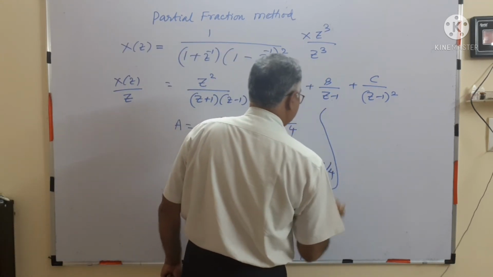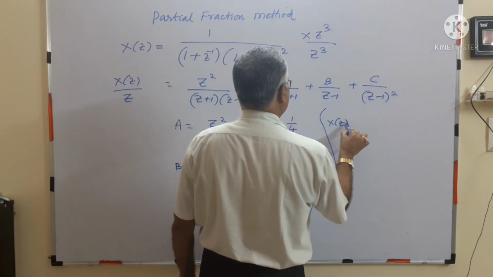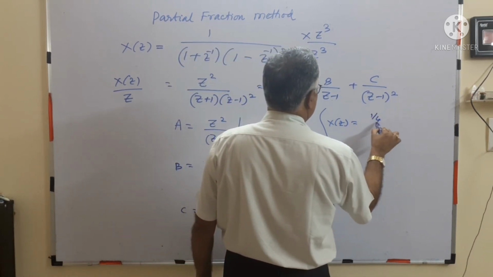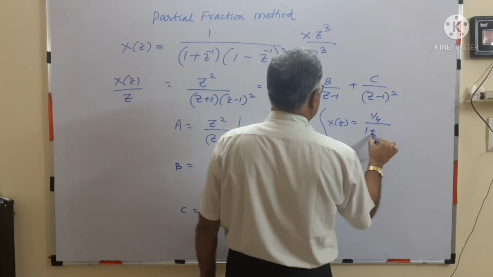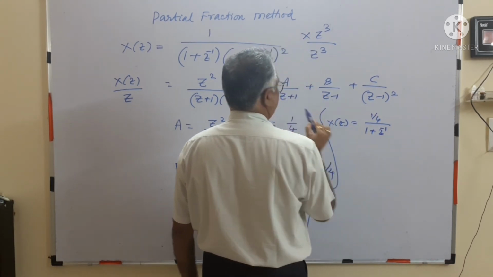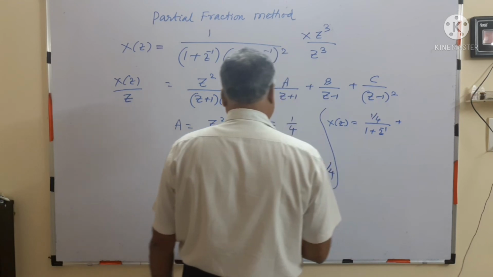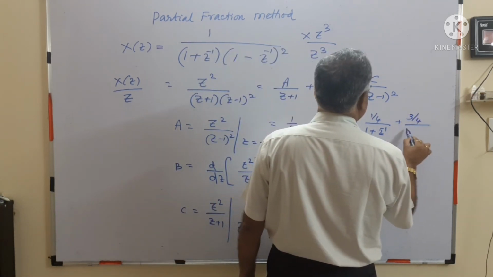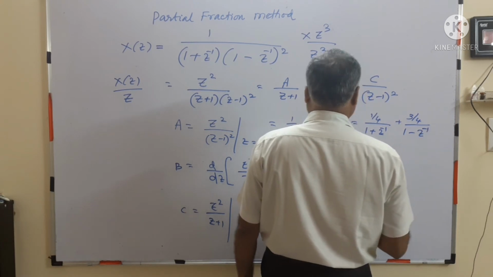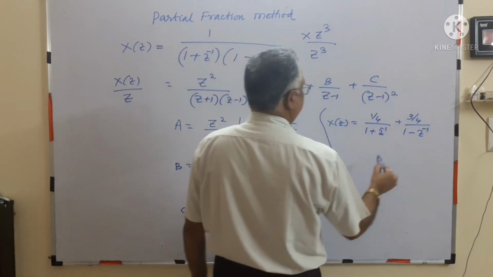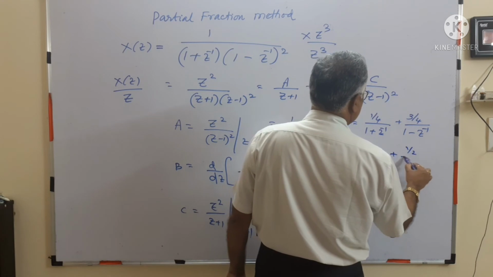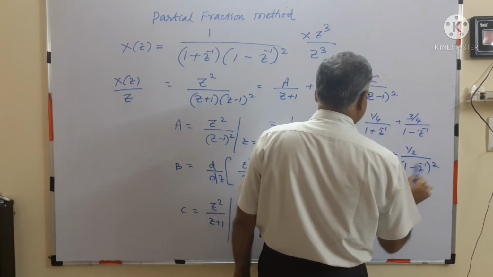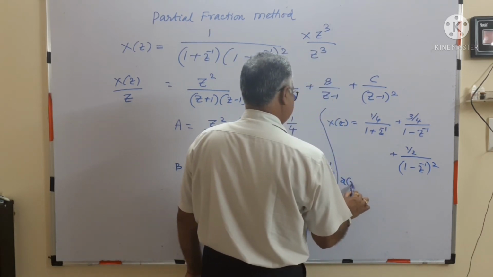So therefore, X(z) equal to 1 by 4 by (1 plus z inverse), B is 3 by 4 by (1 minus z inverse), C is 1 by 2 by (1 minus z inverse) square. Now we have to find x of n.